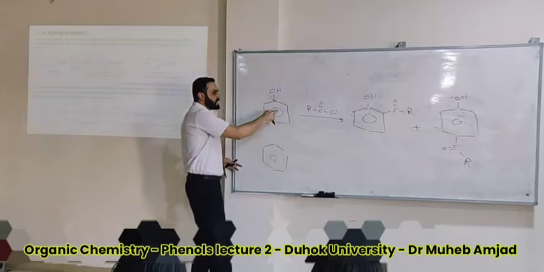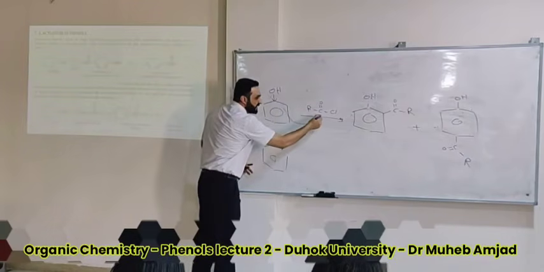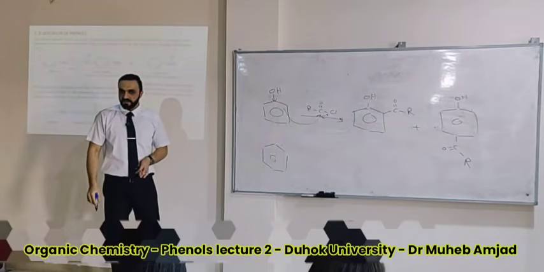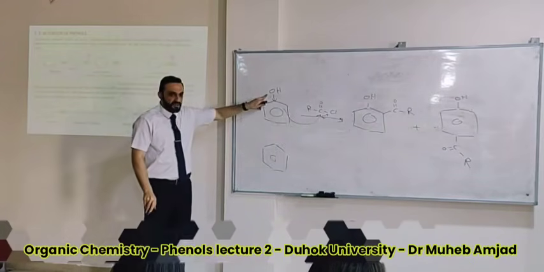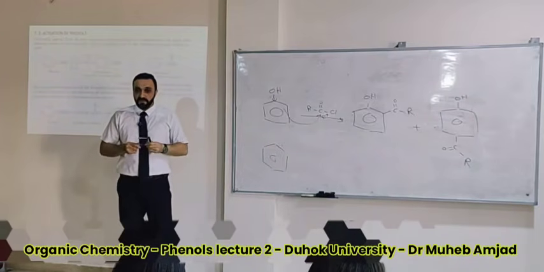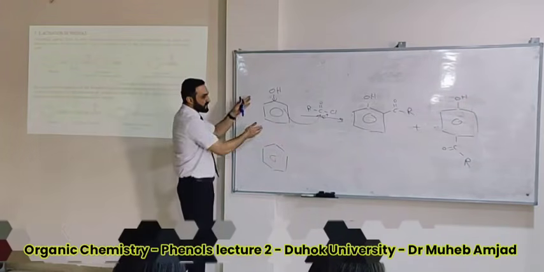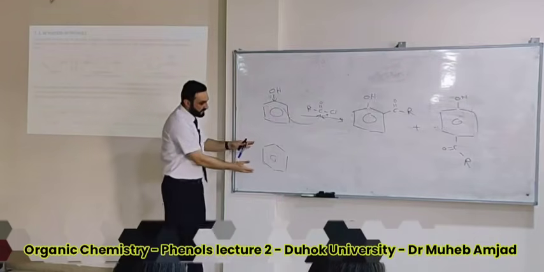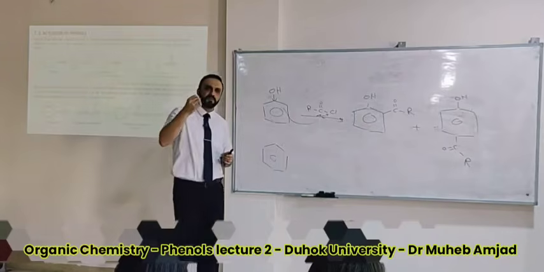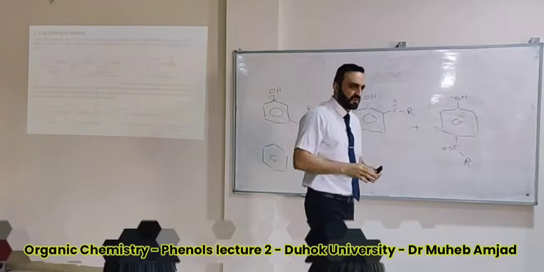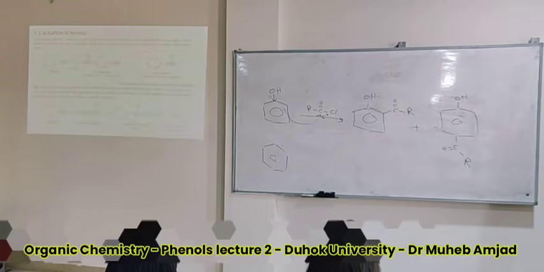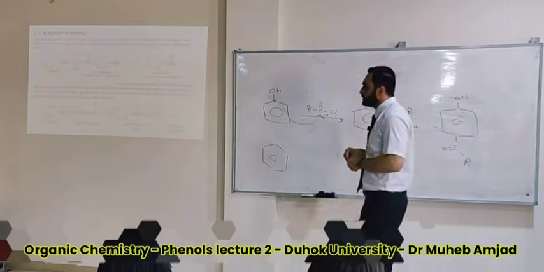That makes the benzene ring more reactive toward electrophiles. Because the OH group is donating, it increases the reactivity of the benzene ring, so phenol is more reactive than benzene in many reactions, not just acylation, also in bromination, alkylation, and all the remaining reactions. This is the first idea you have to know.